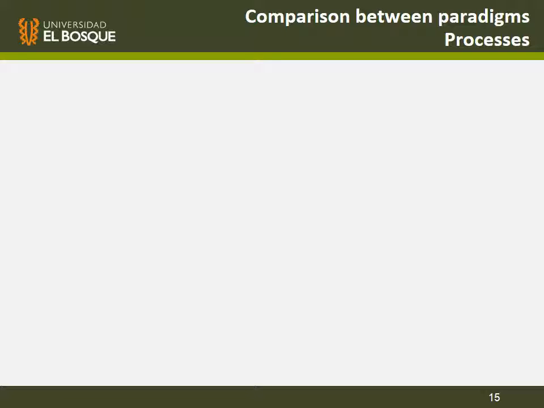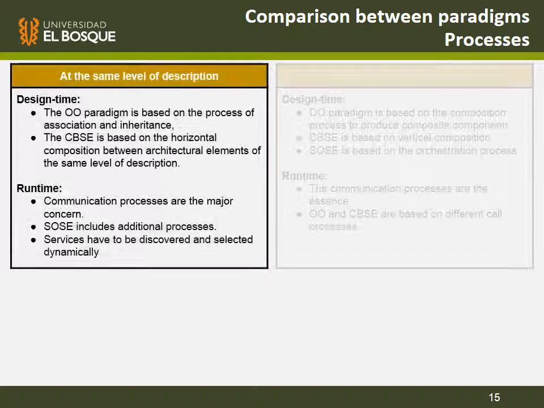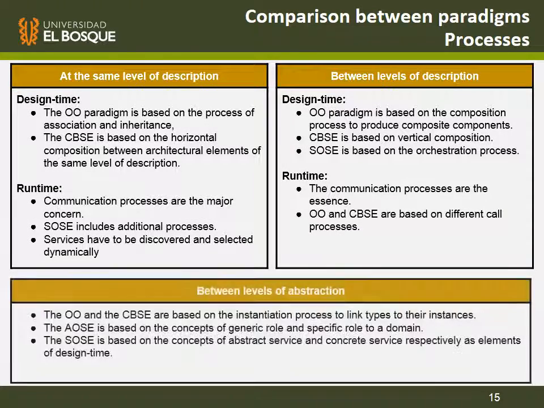The second item we've got is processes. So now, to begin with, we have three categories: at the same level of description, between levels of description, and between levels of abstraction. In the same level of description category, we have design time, in which the object-oriented paradigm is based on the process of association and inheritance, and the component-based software engineering is based on the horizontal composition between architectural elements of the same level of description.